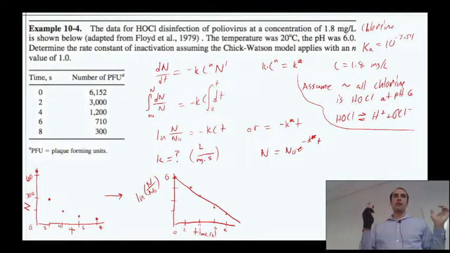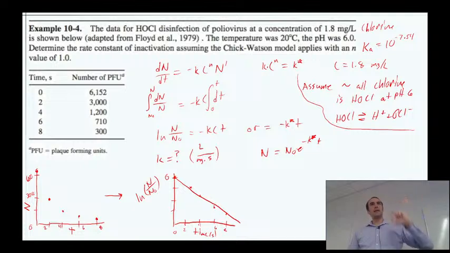But if we transform it and simplify it in doing so, we can take the natural log of the N divided by the initial N. And for every value of time, get a new data point that is transformed in that manner, because we have that data, N at some time t divided by N at time 0, and take the natural log of that.